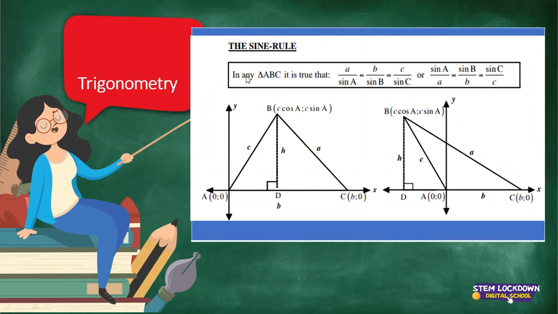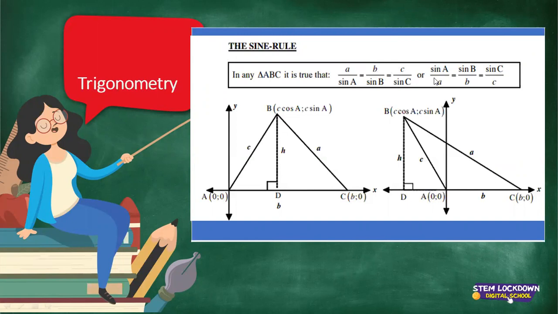The sine rule says that in any triangle ABC, it has been proven, or we can prove, that a over sine A equals b over sine B equals c over sine C. So this is called the sine rule.